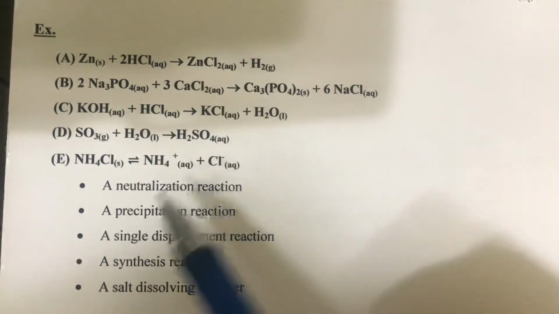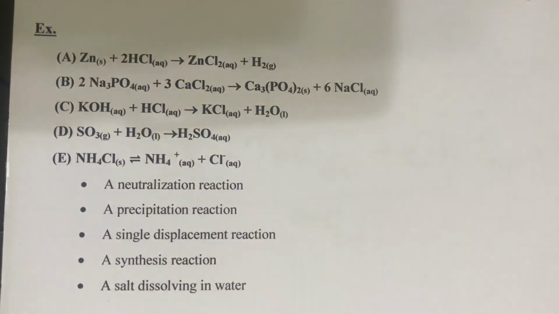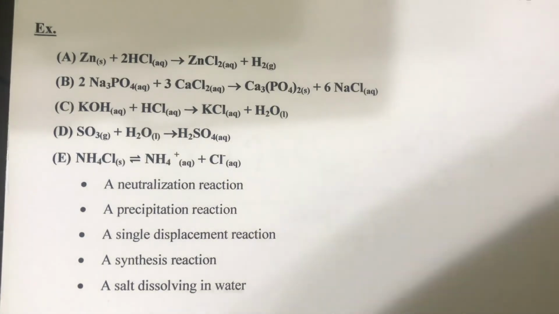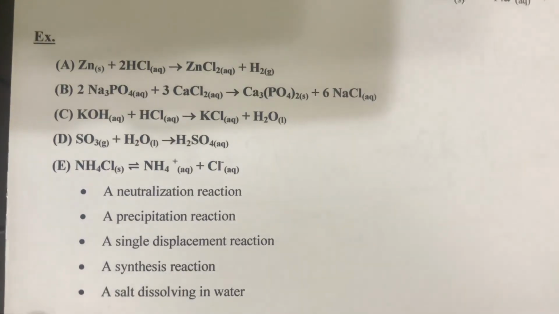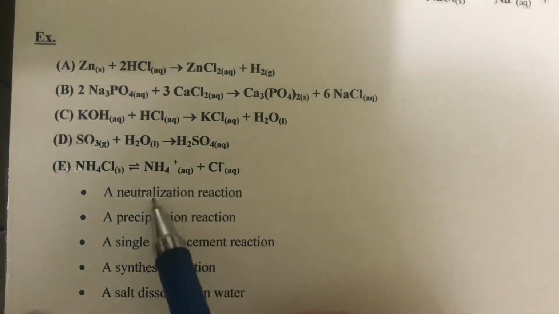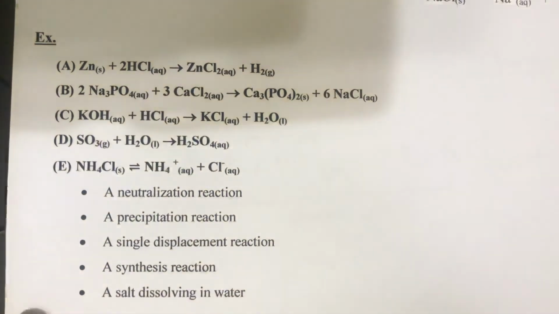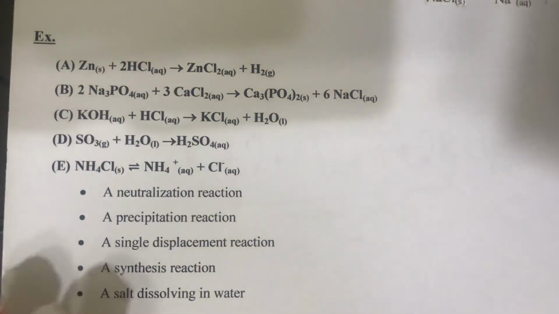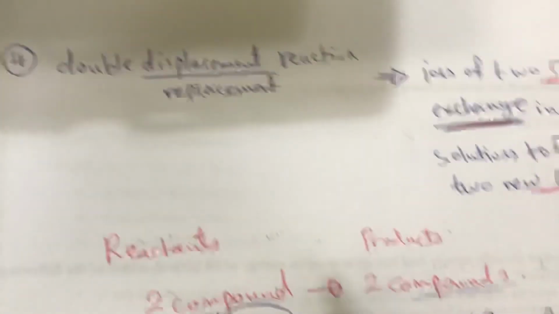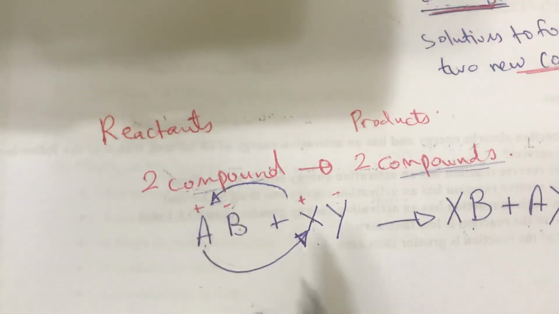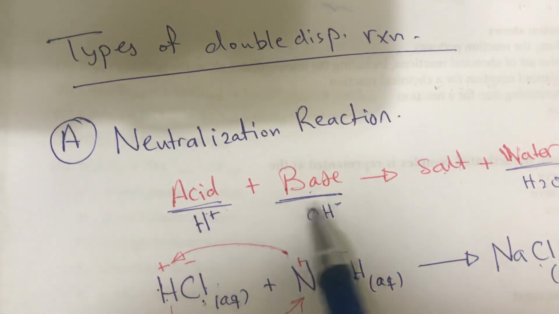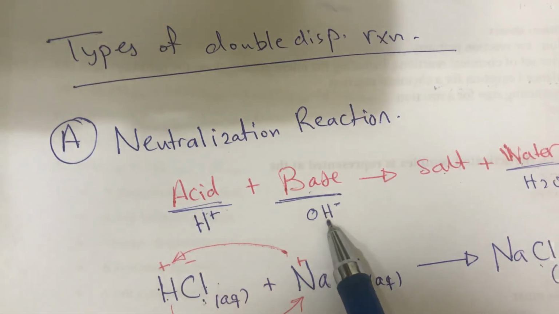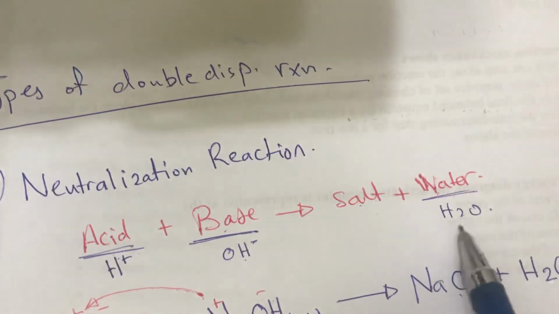Which of these represents a neutralization reaction? You have to remember what neutralization reactions mean. Neutralization is a type of double displacement reaction. Double displacement means the reactants are two compounds. So in a neutralization, one of the reactants is an acid and the second is a base, and the products are salt and water.